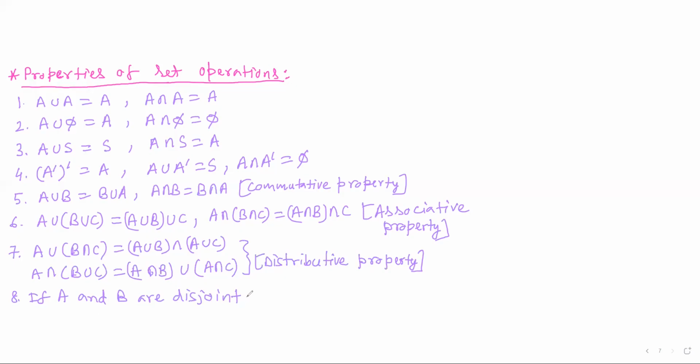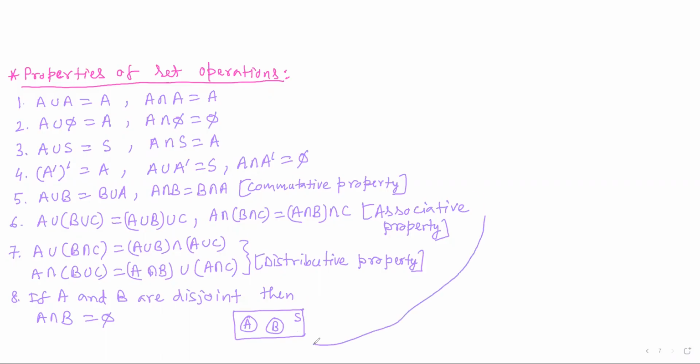So A intersection B is equal to phi, that is, there is no common element between A and B. If I draw the Venn diagram, this is the universal set S. Suppose this is the A set and this is the B set. This is the Venn diagram of disjoint sets. So here it is clear that there is no common element between A and B.